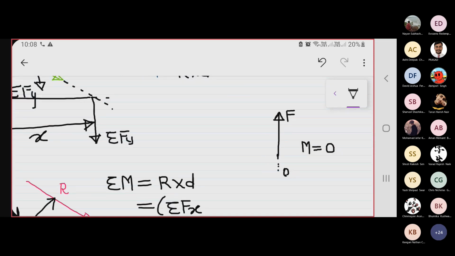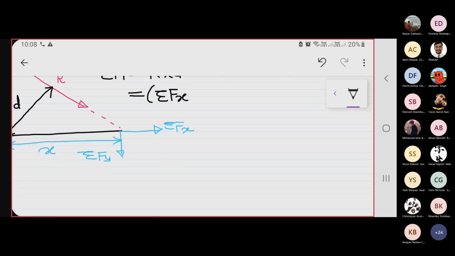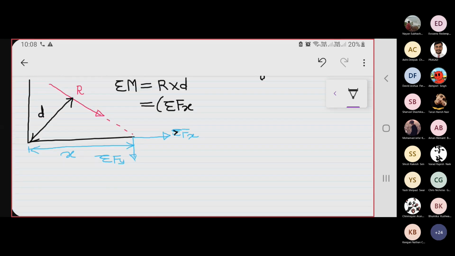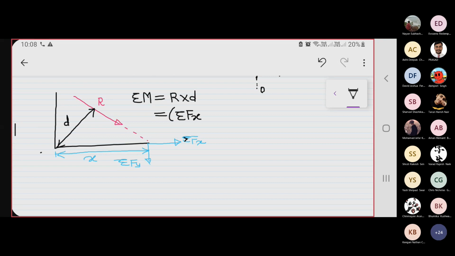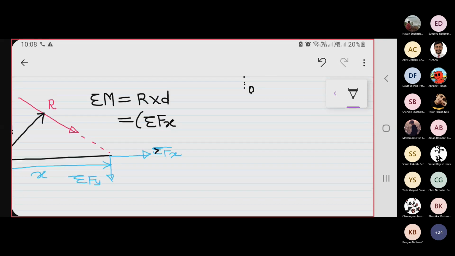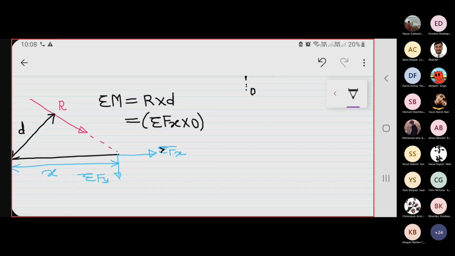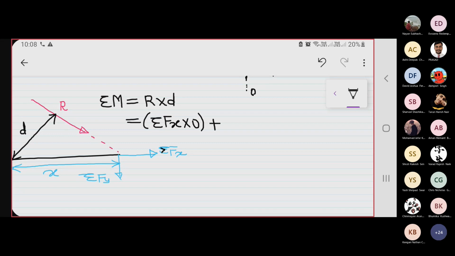Similarly here, summation Fx is passing through point O, so summation Fx into 0, because there is no perpendicular distance. So moment is 0, plus summation Fy into x.